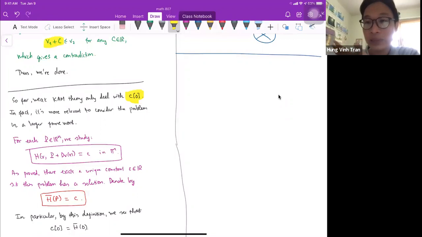Now, from the PDE viewpoint, actually we are back to the framework of the canonical transformations. So this is actually this problem.